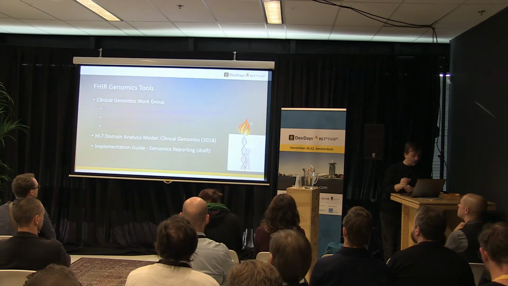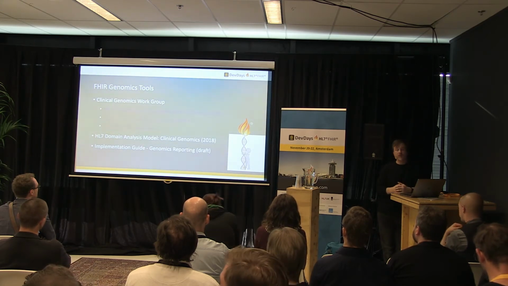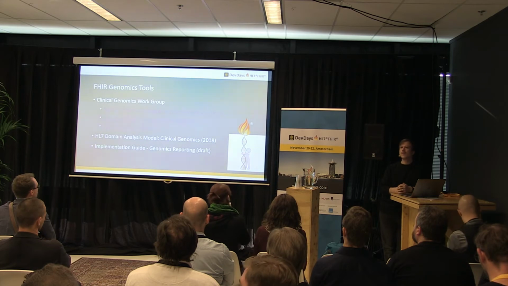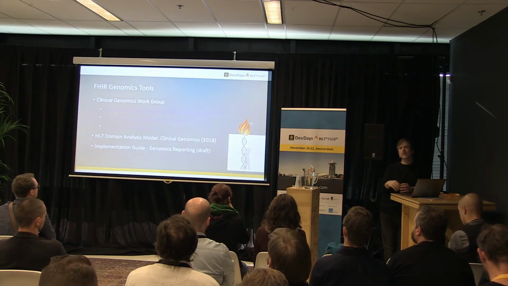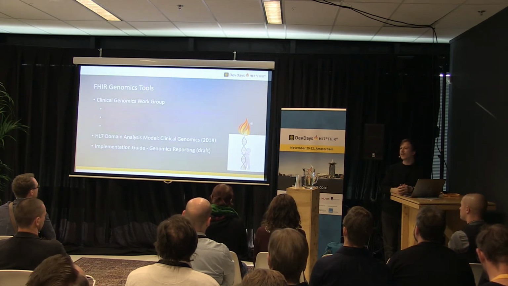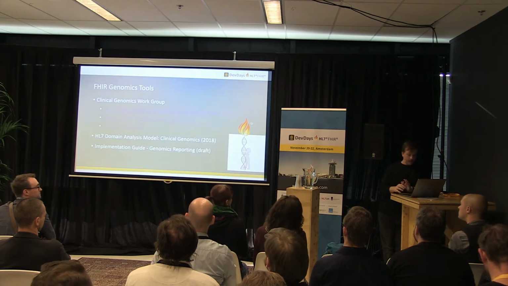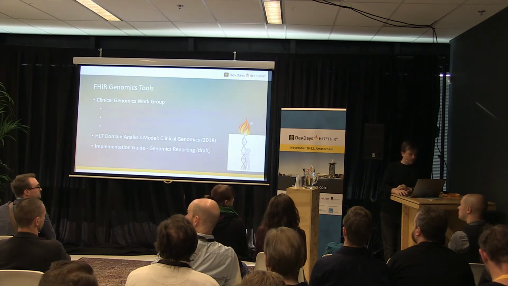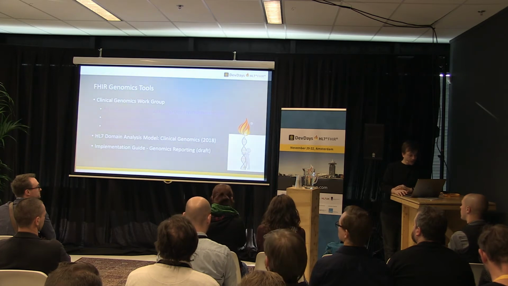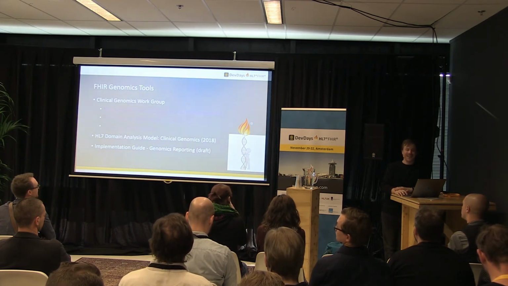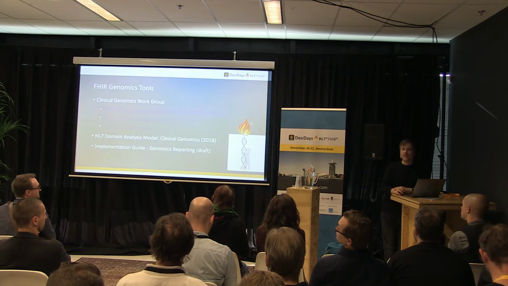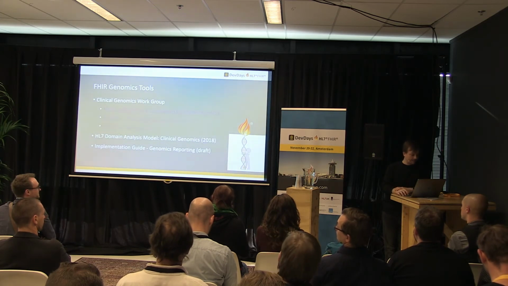And we have our implementation guide, Genomics Reporting, which is still a draft. We are currently publishing the first stable version, the STU1 version, but there are some publishing problems in the publisher somewhere. So now we're waiting for the publication to happen.